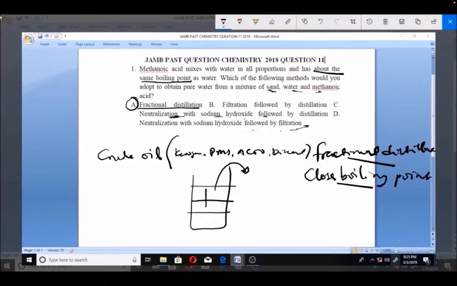Then the next one, which is water, goes out. Then you have your sand remaining. When the first one goes out, it is collected, and the second one going out is collected separately too. Then you have your sand left. So the best way is to use fractional distillation.